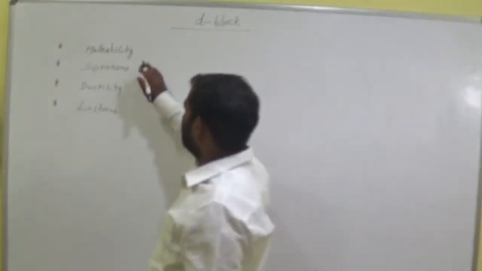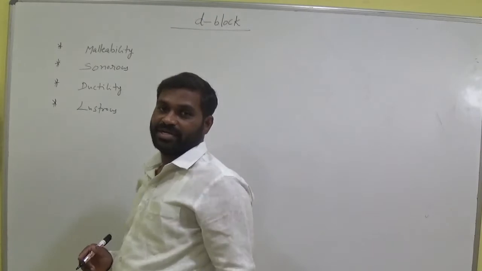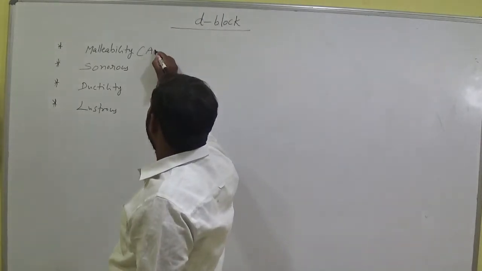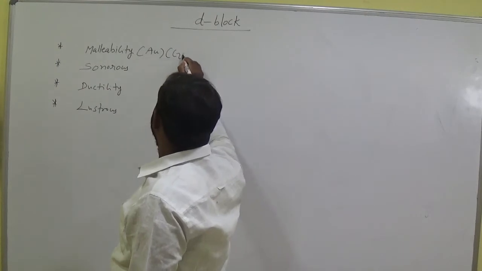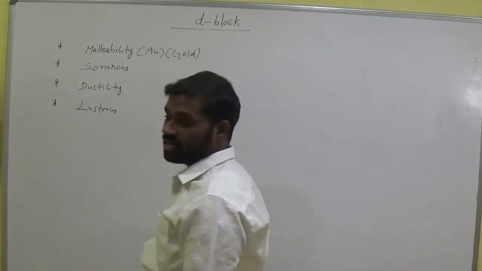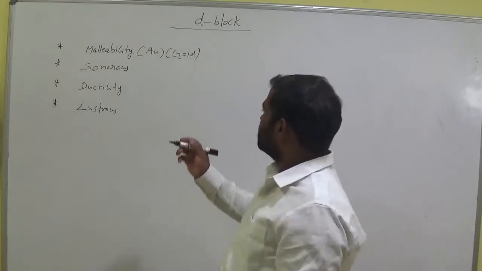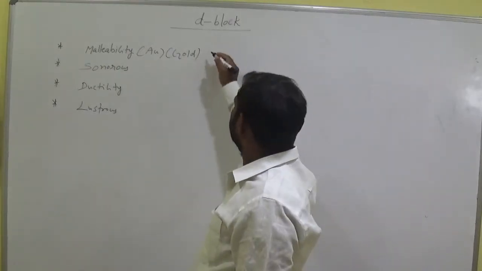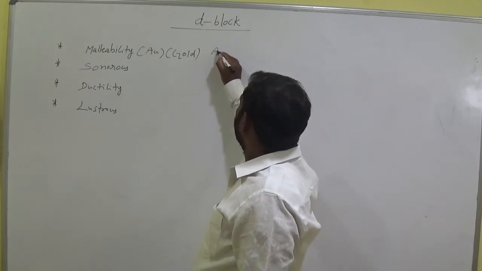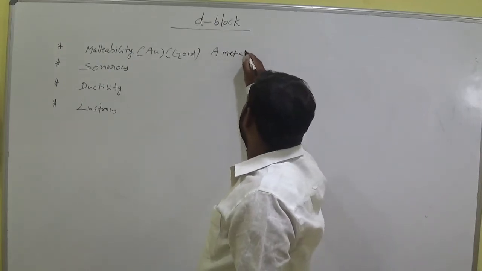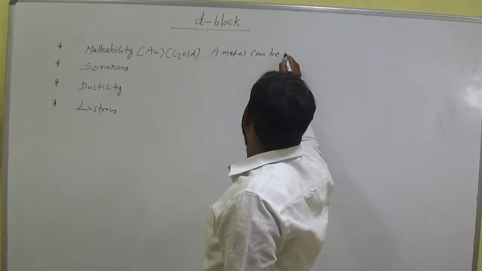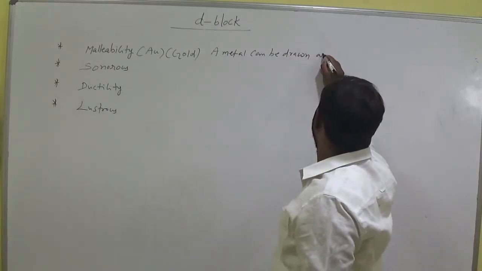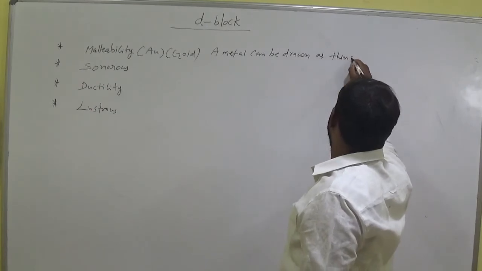Let's see, what about malleability? For example, gold, which we call Au. Malleability means a metal can be drawn into thin sheets.